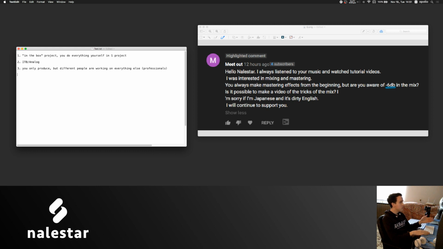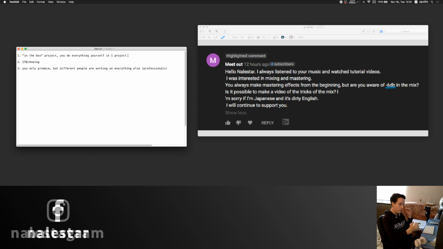Minus 6 dB is usually enough. I've worked with people who recommended minus 12 dB. There are all sorts of different setups for this, but I personally never leave this headroom, because I do everything in one project file and I do everything myself.